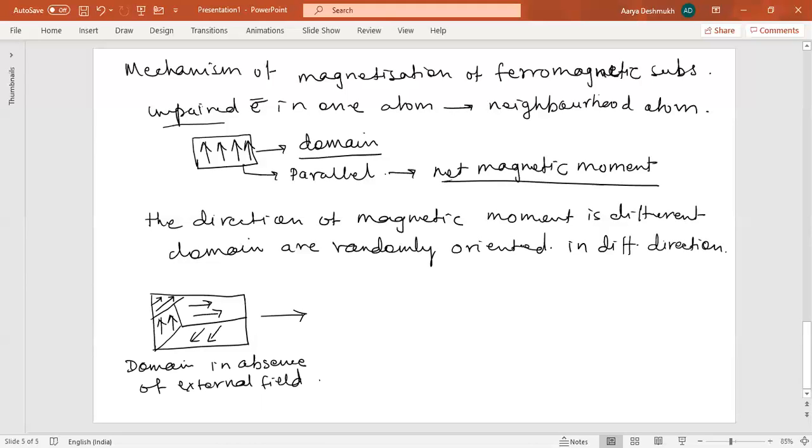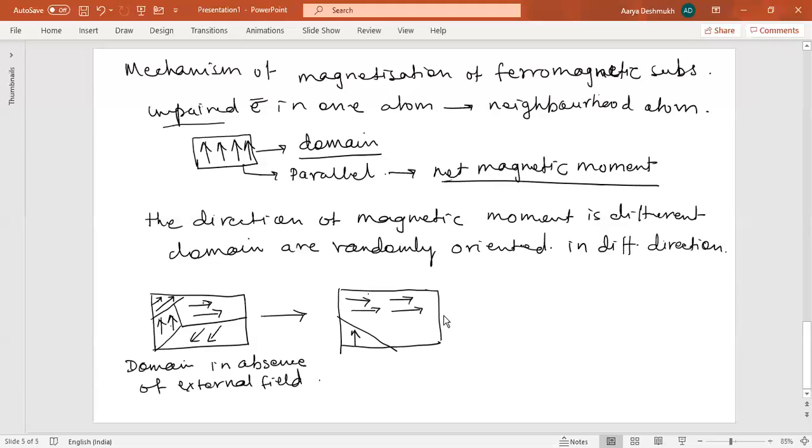Okay. Now, when you keep this in a magnetic field, these domains or these electrons which are aligned in different directions, these small domains, you can see this one, this one, this one, and this one, they will expand here. They will create some space for themselves. And you can show it this way. This is the expanded one.